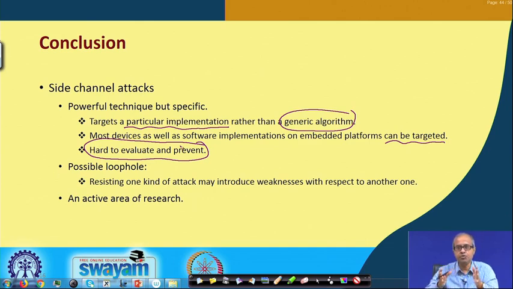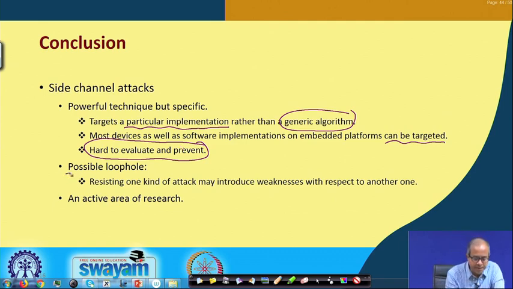So, people do use countermeasures, try to secure their systems, but still some side channel leakages do happen, and there are vulnerabilities which can possibly be exploited, but still people try to design systems such that those vulnerabilities are less in number.